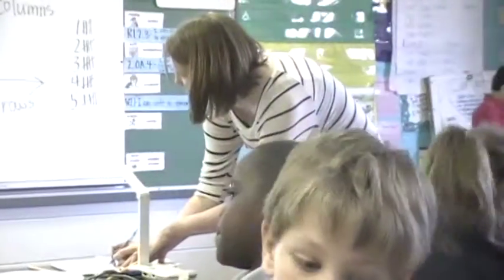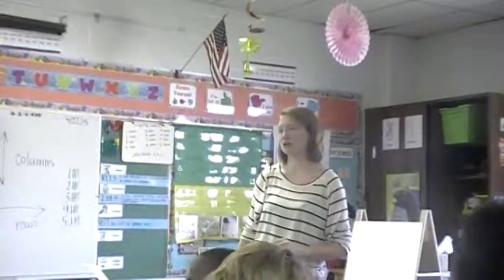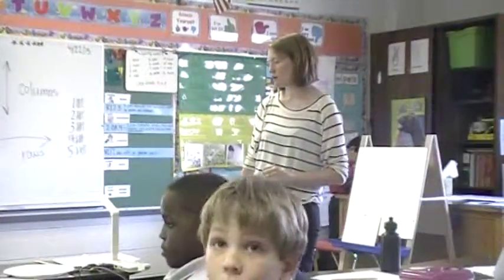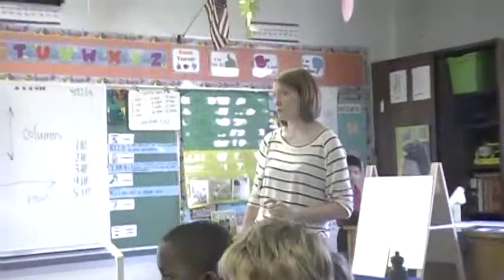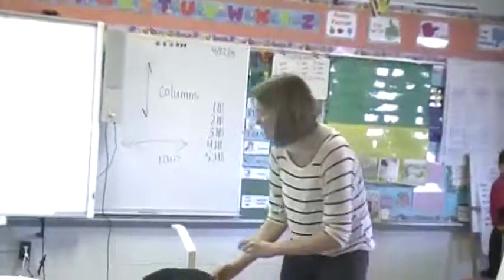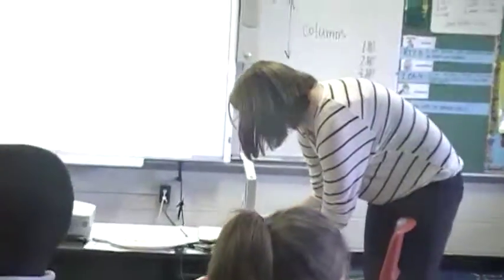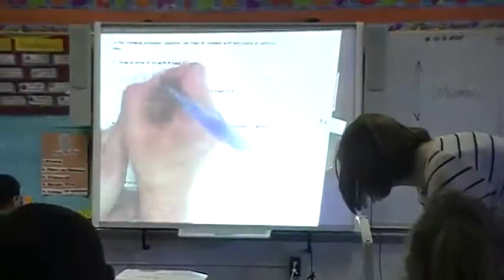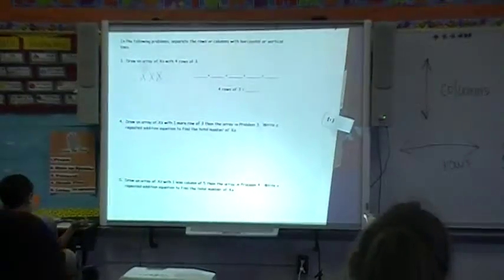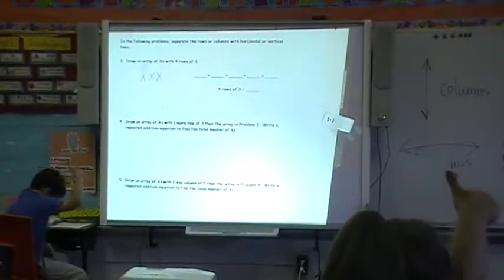So, how many rows am I going to have, Kojo? 4. How many are going to be in each row? 3. All right, let's draw the first one. 1, 2, 3. Thumbs up if you got it so far.